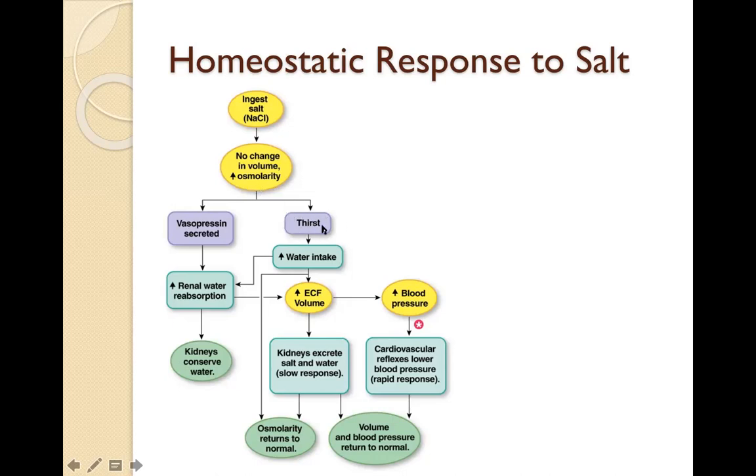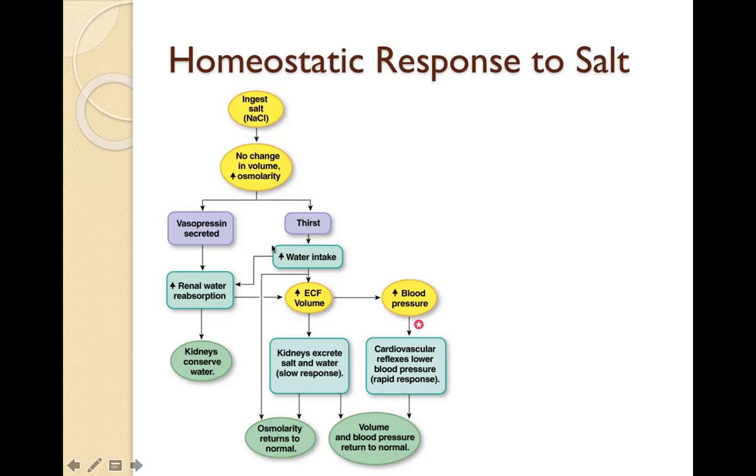Your thirst receptors would be stimulated, and it would tell you to drink water. The second thing that would happen is that this higher osmolarity, as we learned in the last session, would stimulate those osmoreceptors in the hypothalamus, and they would cause vasopressin to be secreted.